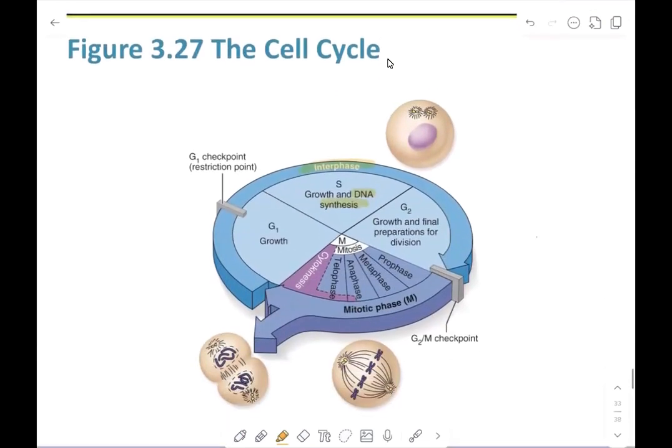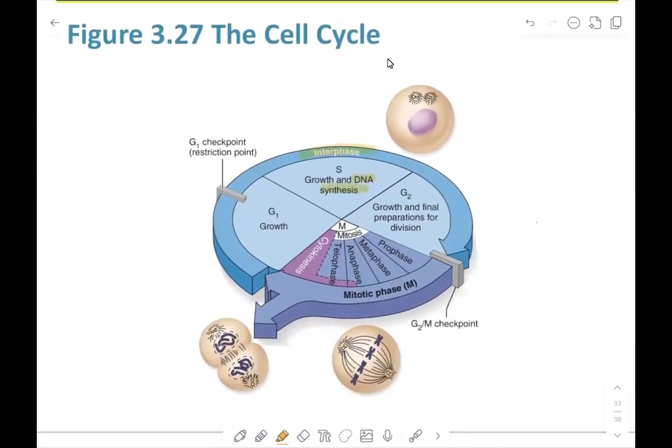So our slide here is showing us the cell cycle, and the cell cycle is showing us the parts of cell division. So we can see that the majority of the cell cycle includes what's called interphase. So G1, S, and G2 all make up interphase. And even though the prefix might remind you of intermission, that's not what's happening during interphase.